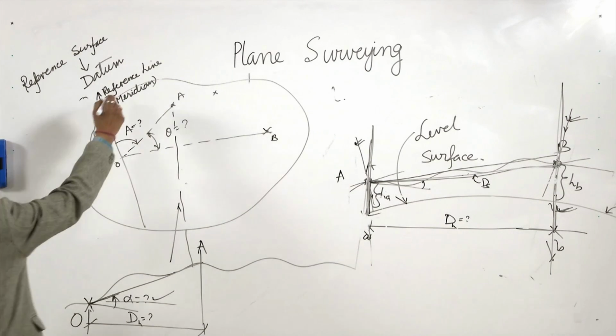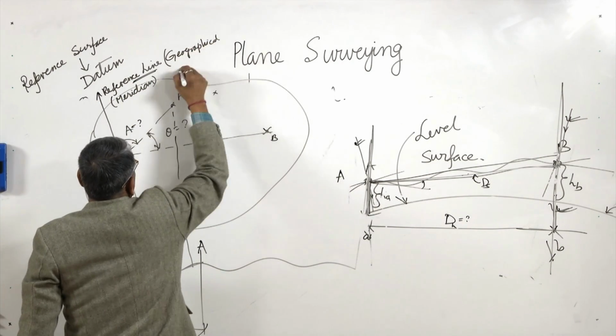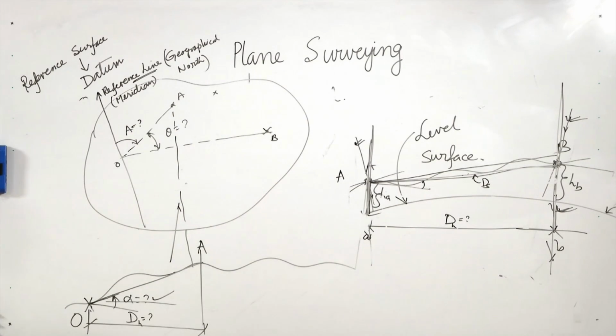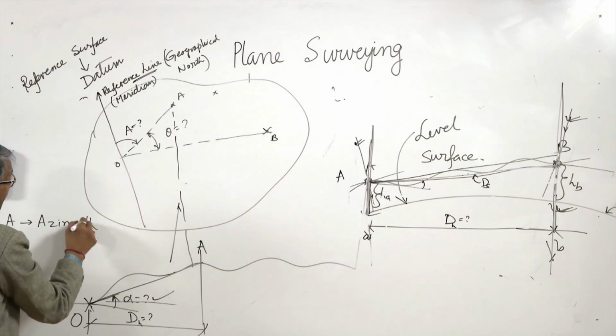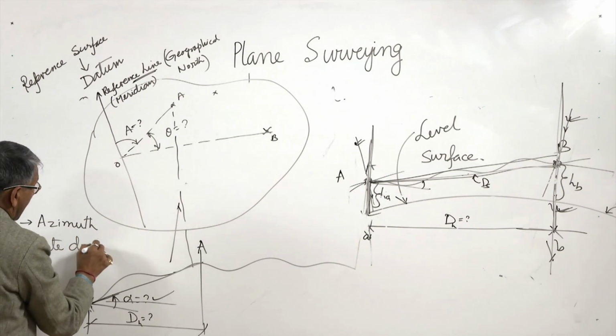Now, if the reference line is geographical north, then this angle A is called azimuth, and this provides the absolute direction.